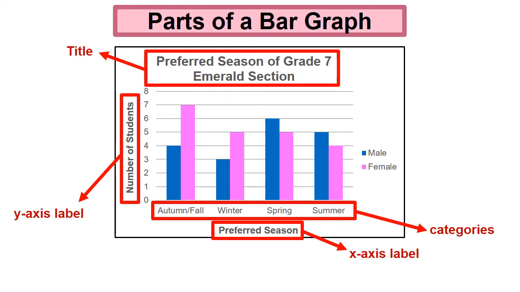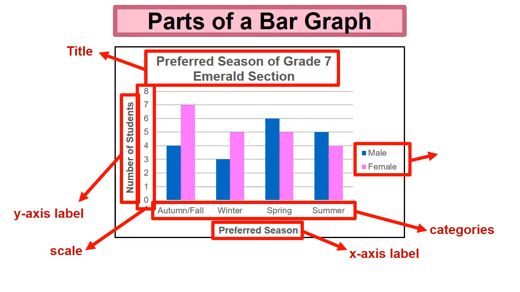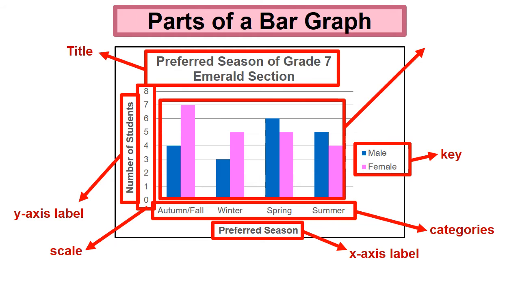Then we have here the y-axis label. This gives you the description of what these scales or these numbers are all about. And this part, we have what we call the key that gives a color coding of what these bars or the data means.